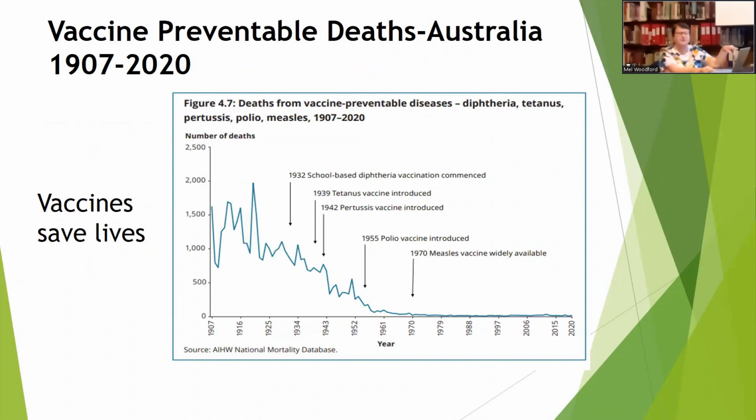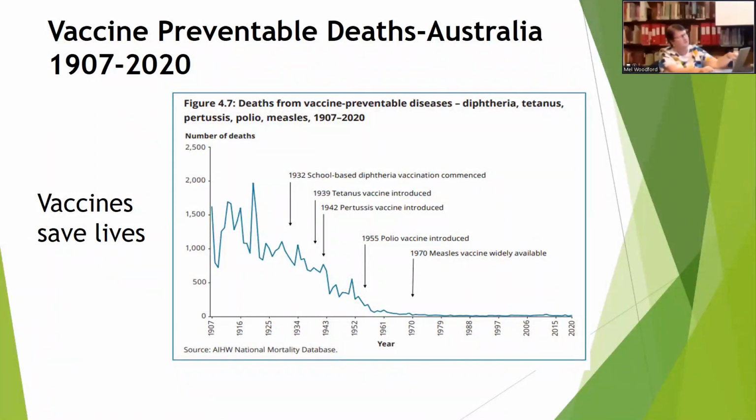Now, I'm not sure if you've ever heard of what a vaccine preventable death is, but it's basically a death that could be avoided through vaccination. And vaccines really do save lives. For example, with this slide, there was a peak in deaths in World War I. But then as all these immunisation programs were introduced, the rates just dropped and dropped and dropped.